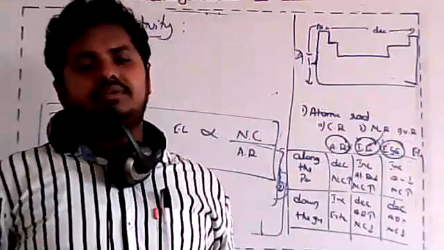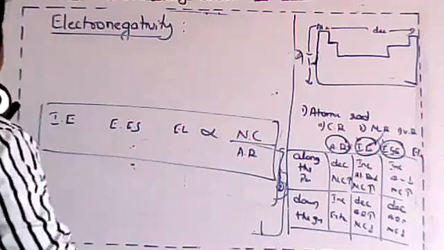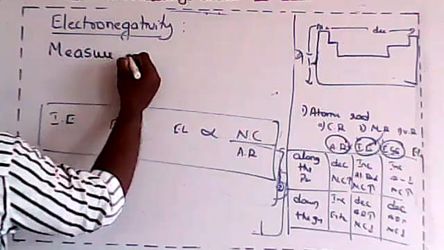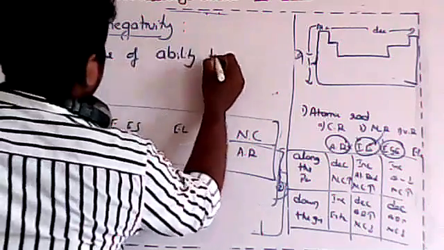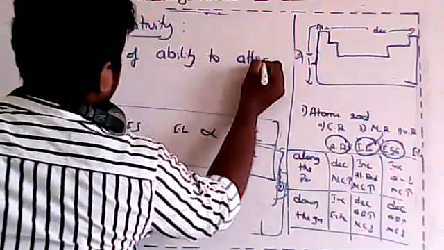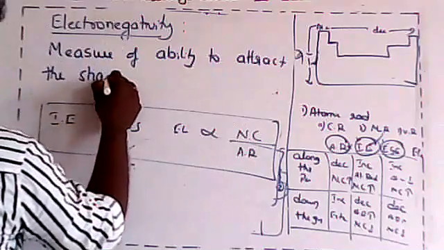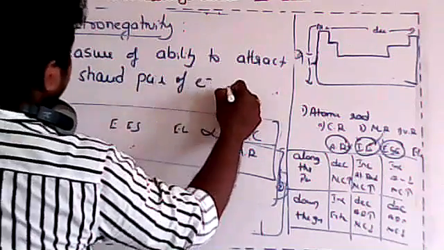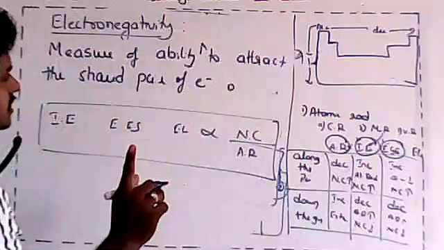So what is electronegativity? Electronegativity is the measure of ability to attract the shared pair of electrons. See, dear students, one word is missing.